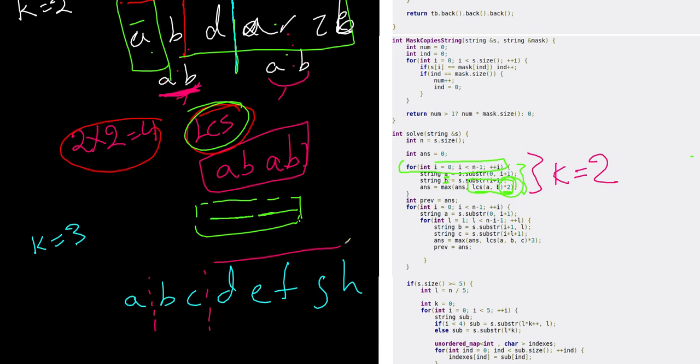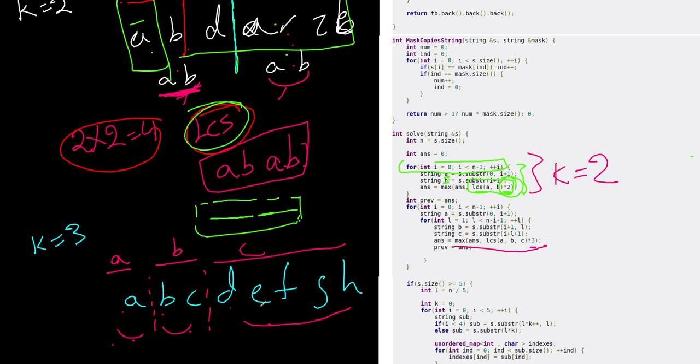This is part 1, this is part 2, this is part 3, A, B, C, and we need to find the longest common subsequence between these 3 parts, and at the end we multiply the value by 3 here.